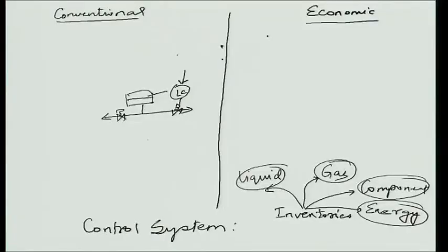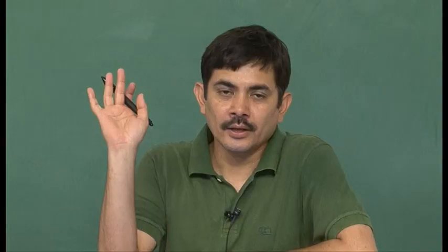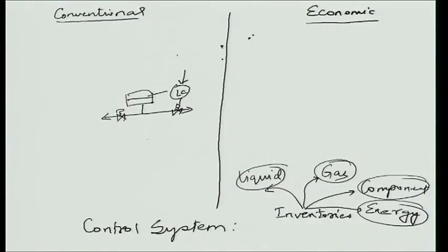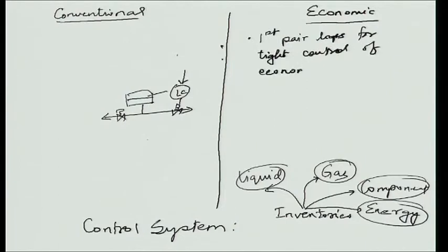So, our approach is saying that you have to control all the inventories. If you have to control all the inventories, then control those inventories that have a significant economic impact tightly. So, first pair loops for tight control of economically important inventories.